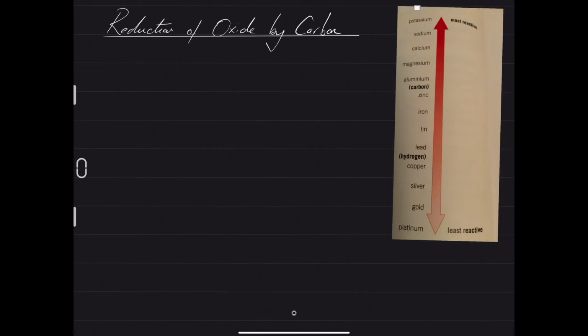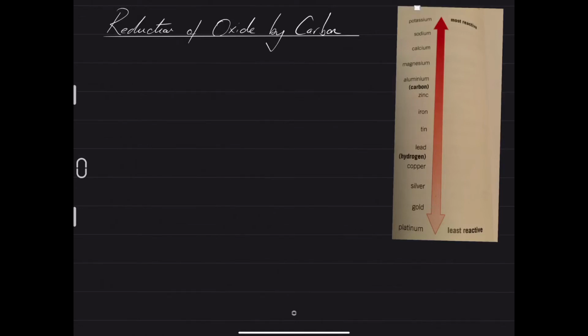Okay, we can also use it for lead and copper. Silver and gold, we generally say because they are unreactive, silver, gold, and platinum, because they are so unreactive, they are found in their native states. So they are found in their pure element form in their native state. So we don't consider it here.